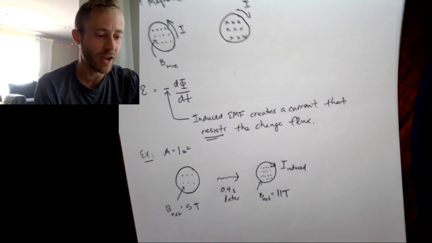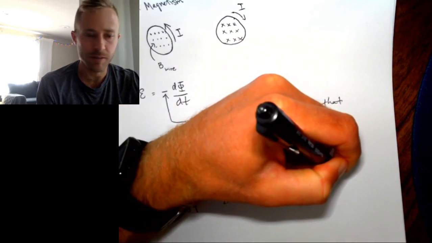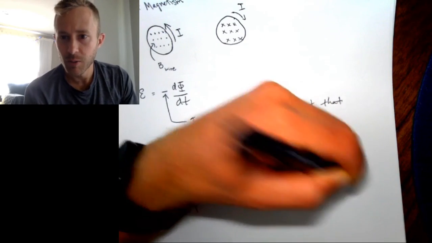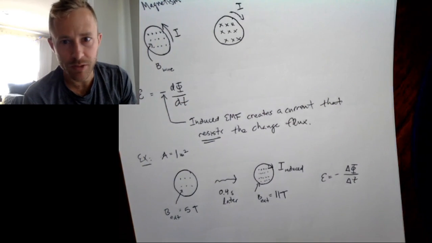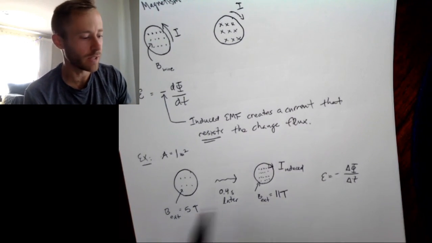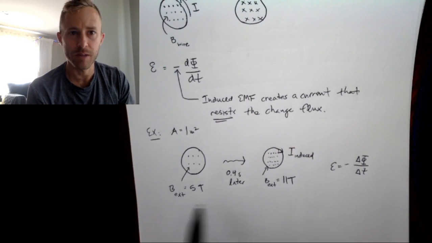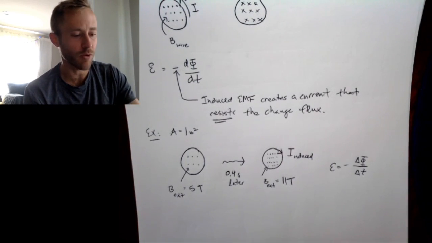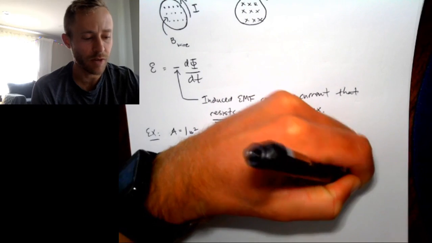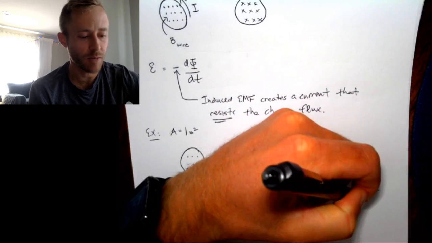We could figure out the size of the induced EMF. It's just going to be minus the change in flux divided by the change in time. We're obviously doing an approximation here because I didn't give B as a function of time, so we don't know how the magnetic field changed. But we have minus flux final minus flux initial over time elapsed.